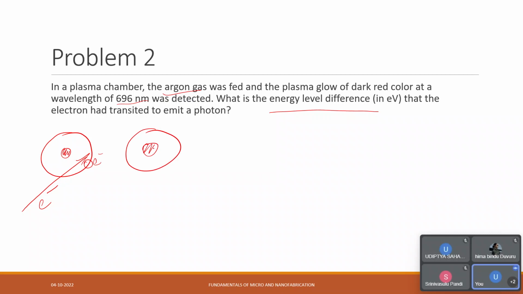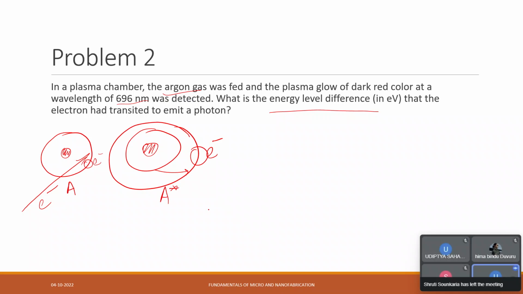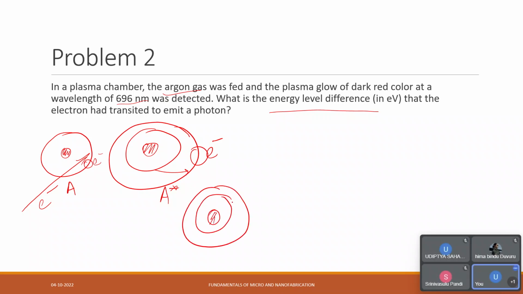Okay, so these electrons go to a higher energy state. So essentially this is the inner shell and it goes to the outer shell, and you can consider this as A and this as A star, and from this A star excited state, it comes down to the ground state. So essentially this is the ground, and this is the excited, yeah.